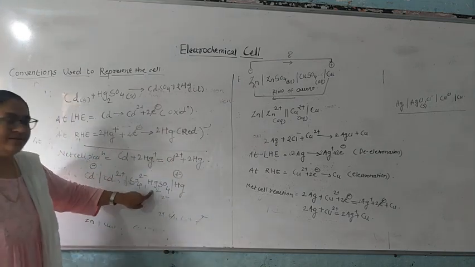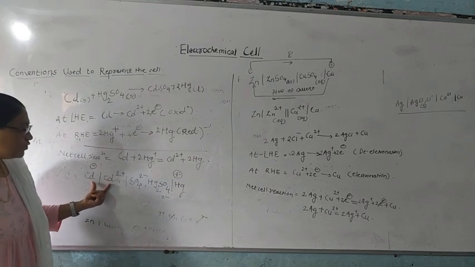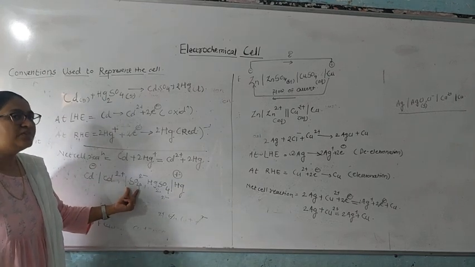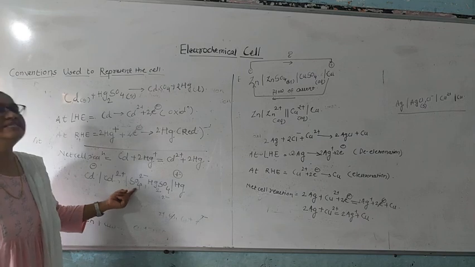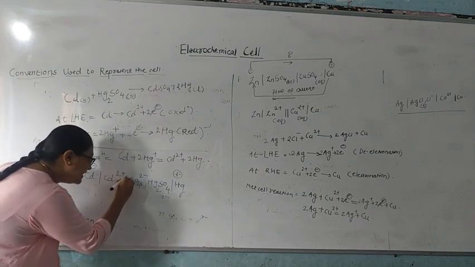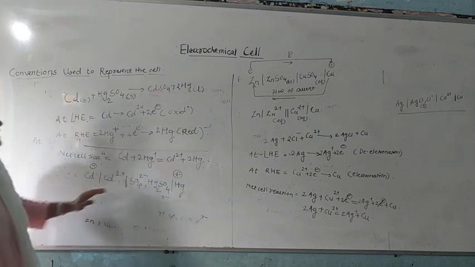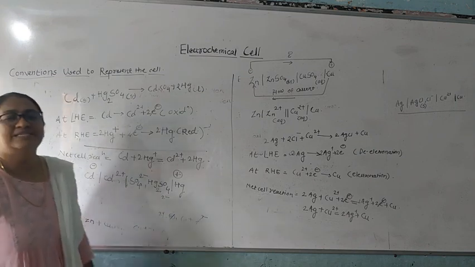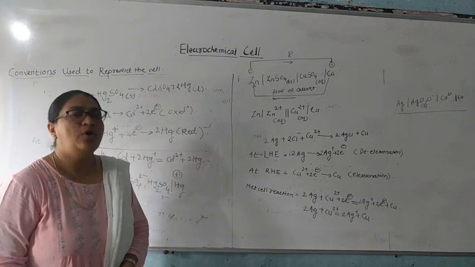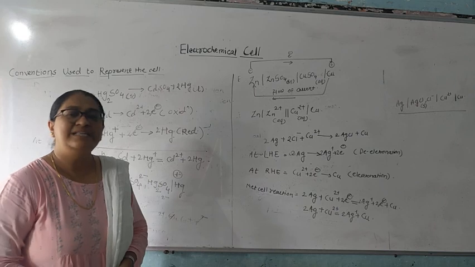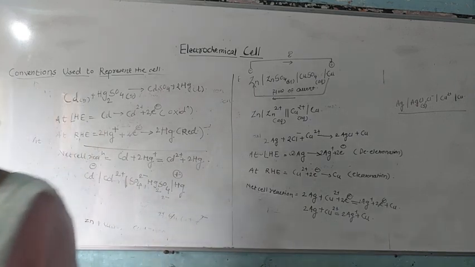This is a solid. So both of these electrodes are in contact with the aqueous solution containing sulfate ion, and hence a single line I have shown. A single line is there. Rest of the examples we will see next time, or we will send them as assignments.